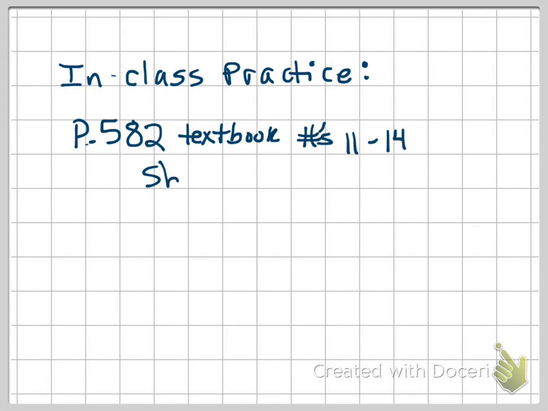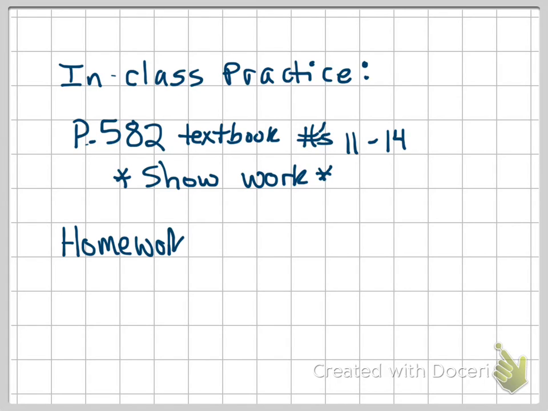Make sure you show all your work, including writing out formulas, including labeling which endpoint is x2, y2, and which endpoint is x1, y1. Don't skip steps even though it's tedious. There's only 4 problems. Your homework tonight is going to be your practice book, page 411-3. Go ahead and get started.